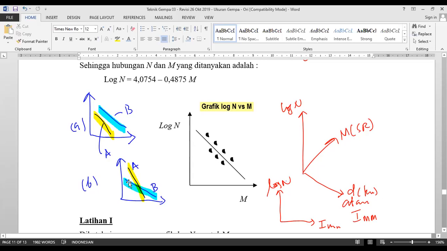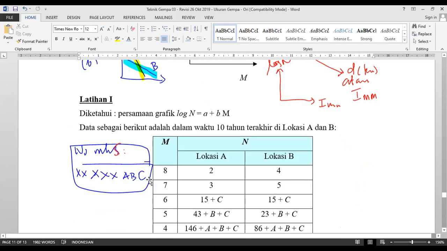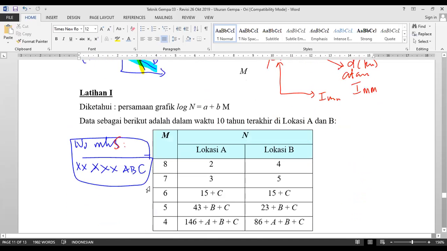While for B, small earthquakes are relatively rarer than A, but there are many strong earthquakes, maybe because the strength of the tectonic is greater for B than A. Okay, this is different. So this is what we call seismicity.